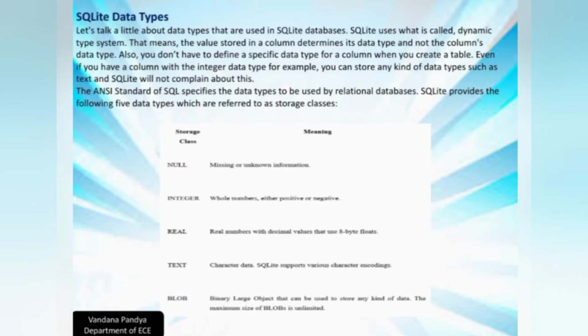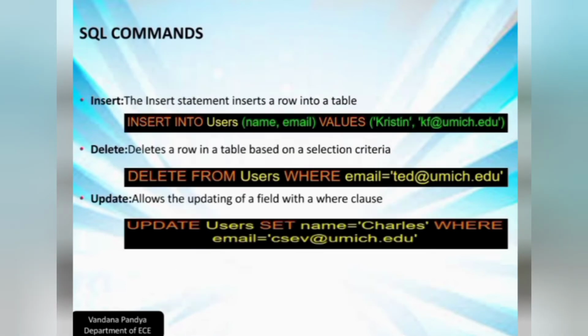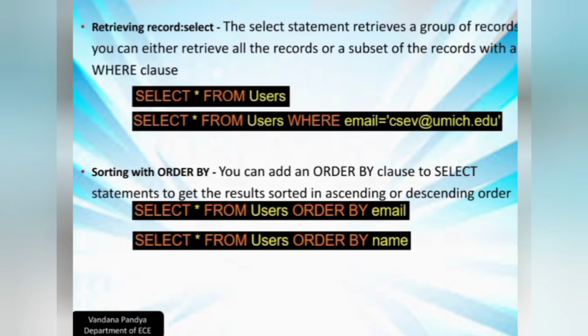SQLite offers 5 data types, which are also referred to as storage classes: null, integer, real, text, and blob. There are 5 basic SQL commands: insert, delete, update, retrieve, and sort.